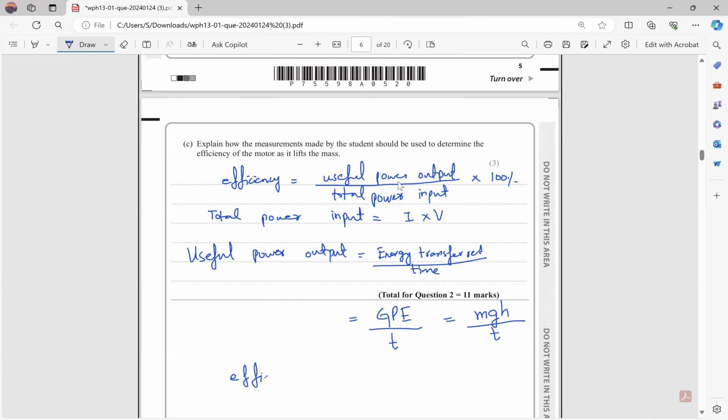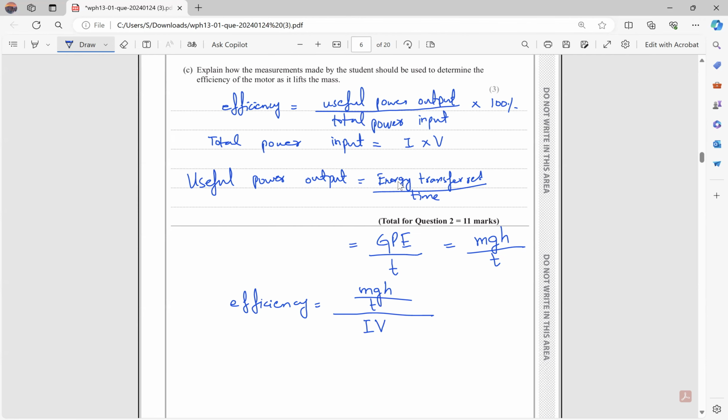So efficiency equals mgh over t, over current times voltage, times 100%. You can write that, or not, it's up to you. So it just gives you mgh over I times V times t, times 100%.